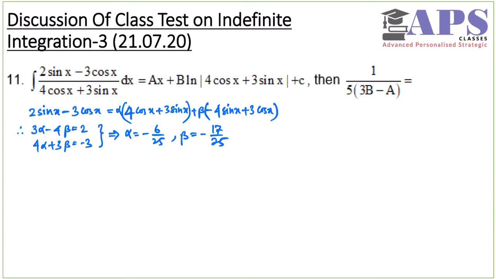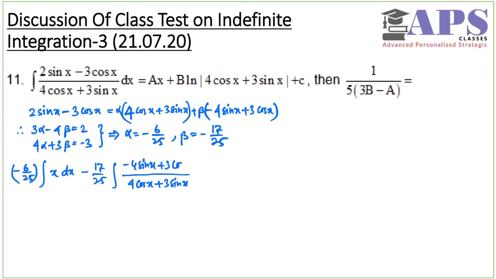So this is alpha and beta, therefore our expression now becomes minus 6 by 25 integration of dx, because that is the same thing, and then minus 17 by 25 into integration, denominator is 4 cos x plus 3 sin x, and the numerator is minus 4 sin x plus 3 cos x dx, which is the derivative of the denominator.